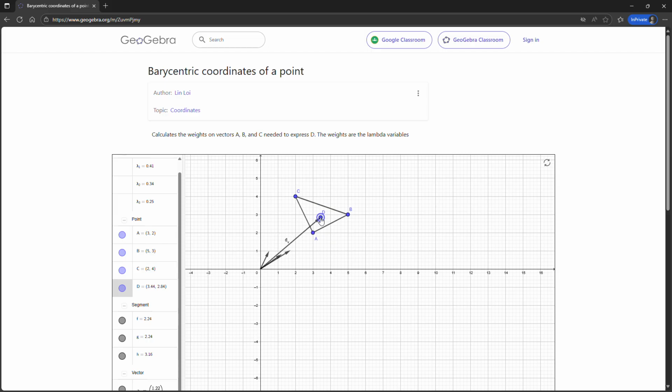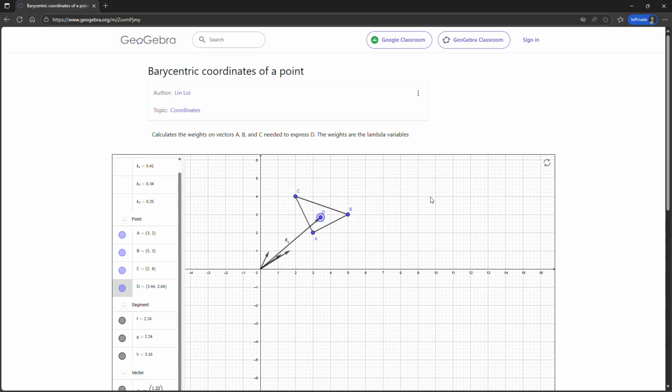So if you only have the relative weights, the only information you have is your position relative to the vertices of the triangle, okay? The only information you have is your position relative to the vertices of the triangle. But you don't know specifically the locations of the vertices.